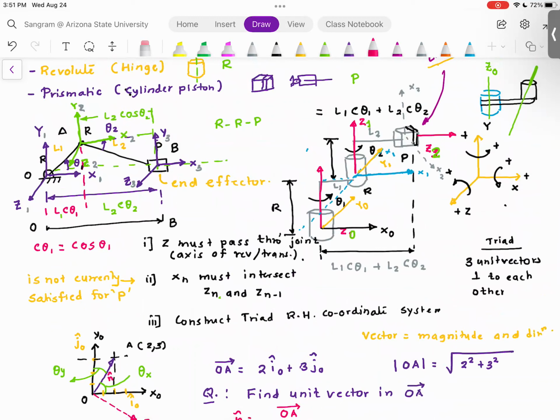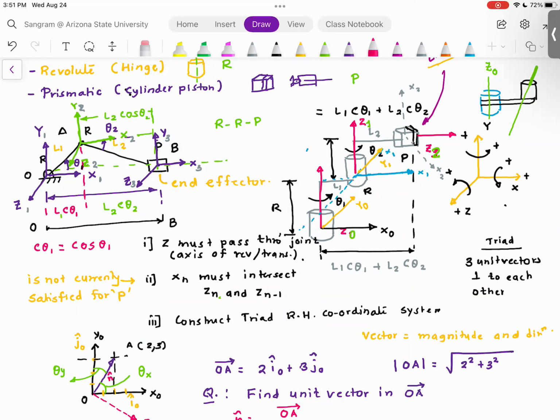Why is it required? Why all this jugglery with coordinate systems? Because please try to understand, we have 3 joints. Each joint has its own coordinate system. There are multiple links. Each link is represented in its joint's coordinate system.